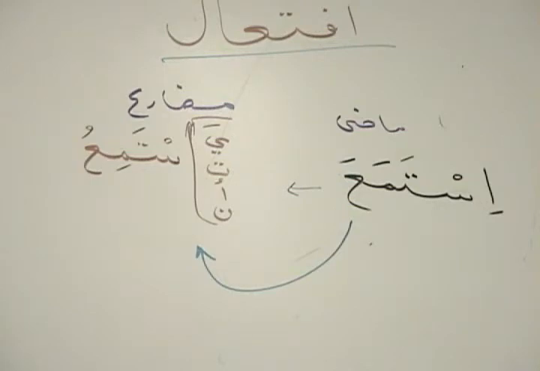So does this also mean that he listened? Yeah, in this case, for example, Sami'a means to hear, Istama'a means to listen. You know the difference between hearing and listening? Sami'a, you just hear it, and Istama'a, you attentively listen. Sami'a is to hear, Istama'a is to listen. Okay, so it does have a different meaning.